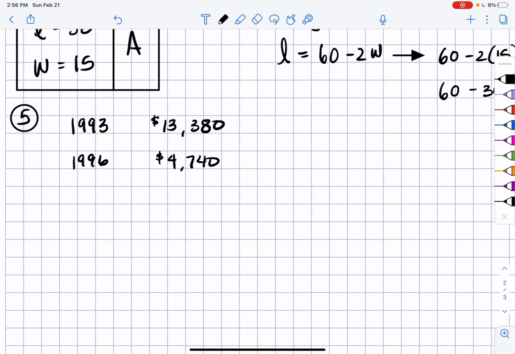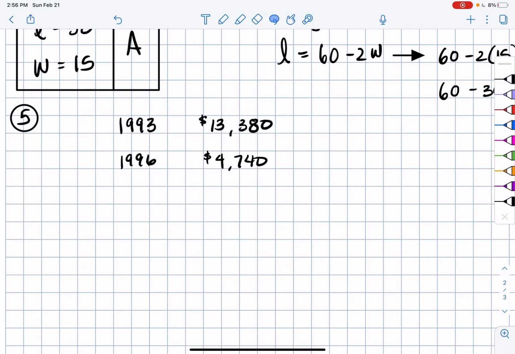Okay, as I keep on reading, it says let the average value of the automobile in year X, when X is equal to 0, represents 1993. Okay, so it says X is 0 in 1993. So in 1996, it'll be what? 3 years, right?